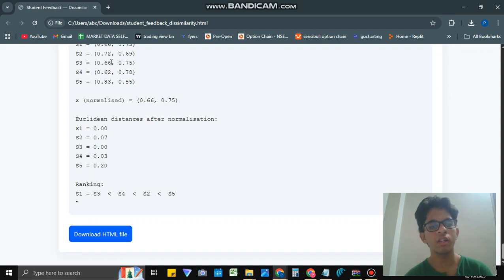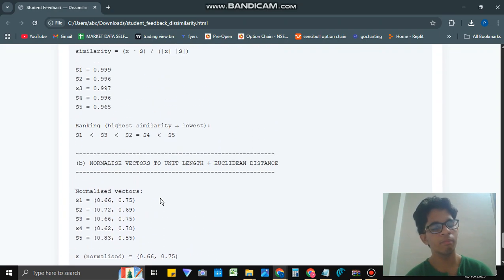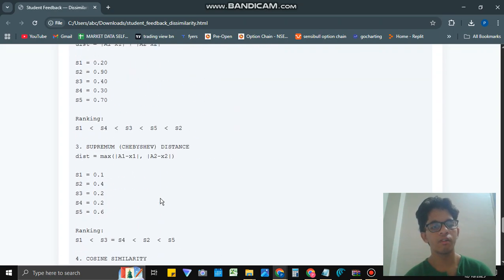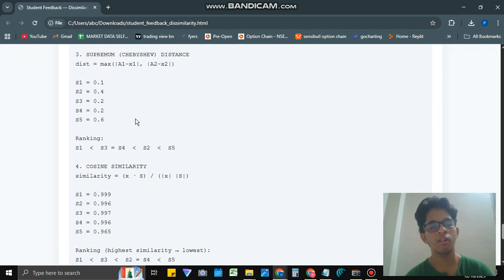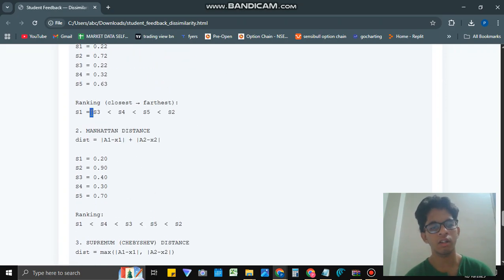The Euclidean distance after normalization will look like this, and the ranking from closest to farthest is similar to the previous Euclidean distance ranking from the first part.